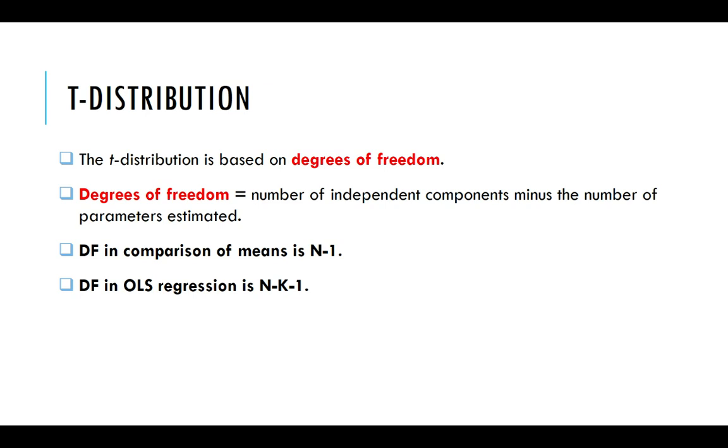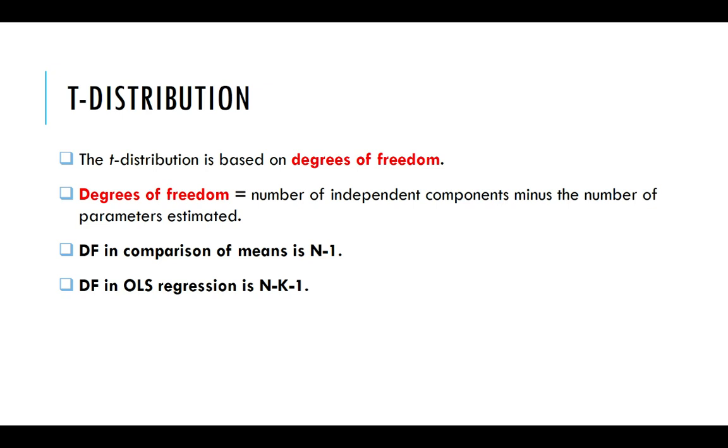When we do OLS regression, we're going to have a different equation: n, number of observations, minus k, which is our explanatory variables, our independent variables, rather, minus 1.